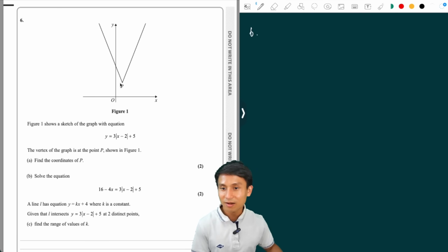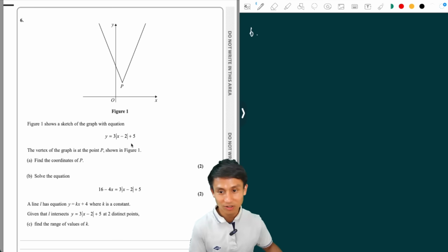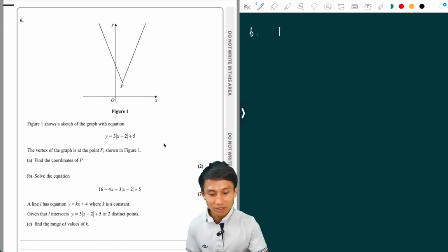So that is where the y value of this P is 5. That's the minimum, right? And that happens when you make the modulus term 0. Yeah? So to make the modulus term 0, you got to put x as 2. Make sure you follow that if you didn't know how to do this. So the coordinate of P would be 2 and 5.